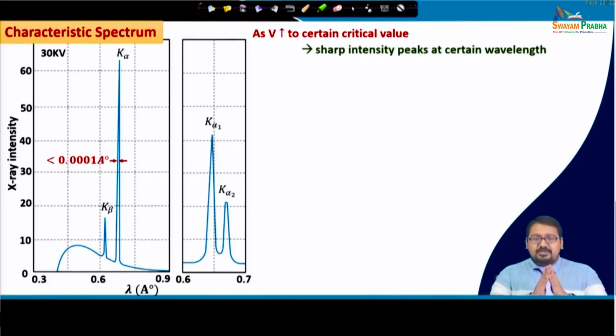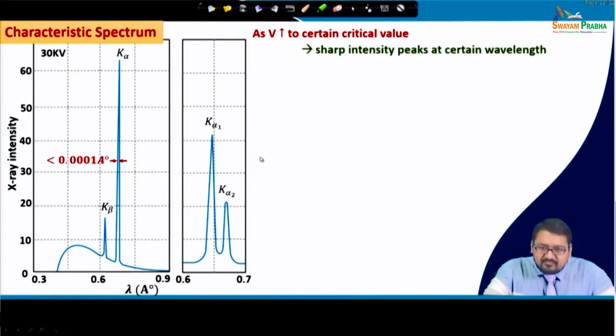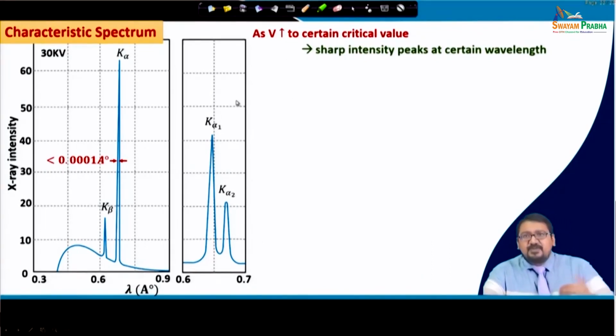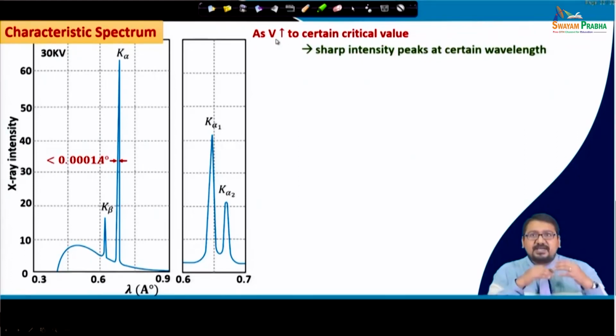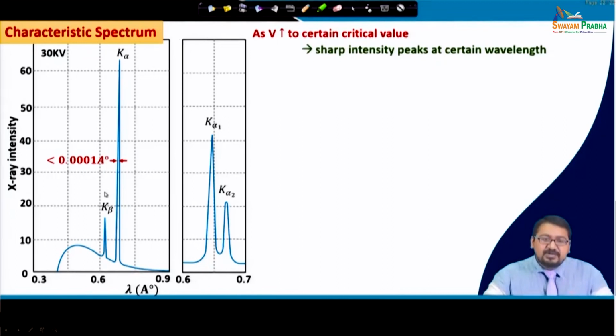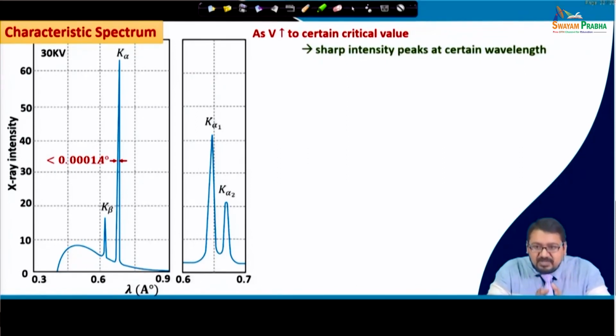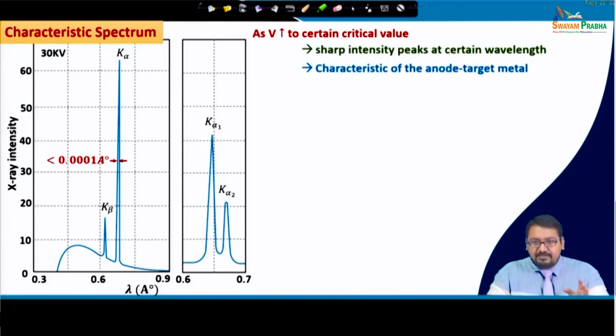So you see, as I said in the previous slide, as the voltage keeps on increasing, the sharpness of this K alpha, K beta and the K alpha 1, K alpha 2 keeps on increasing, but these particular wavelengths remain the same.